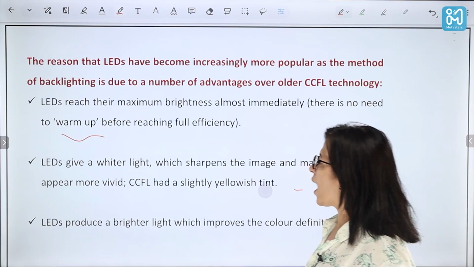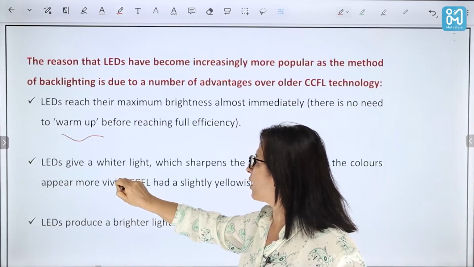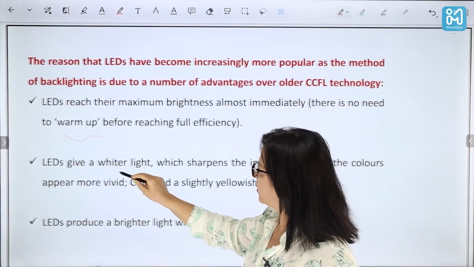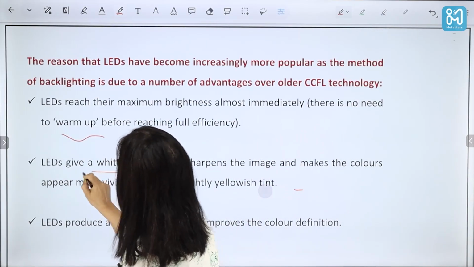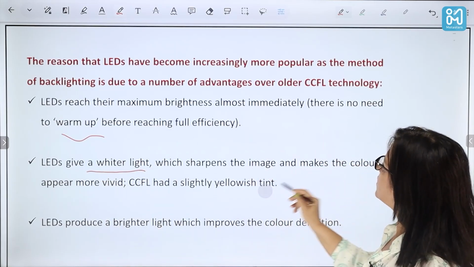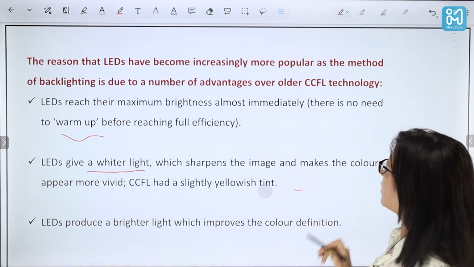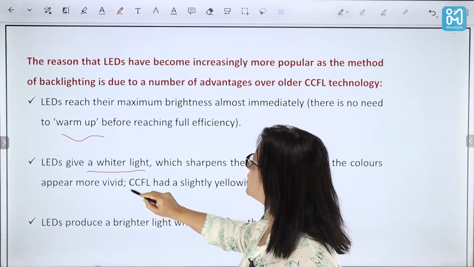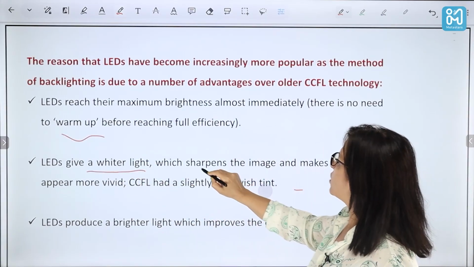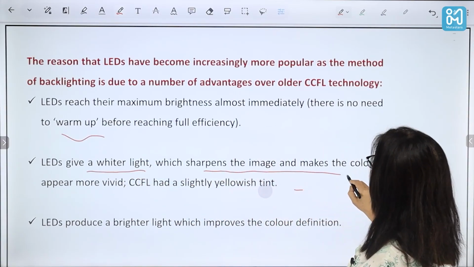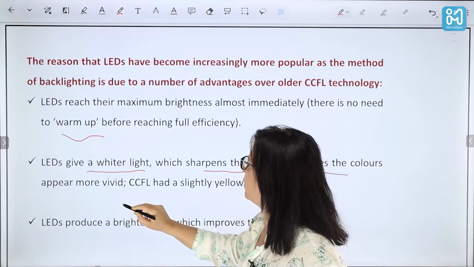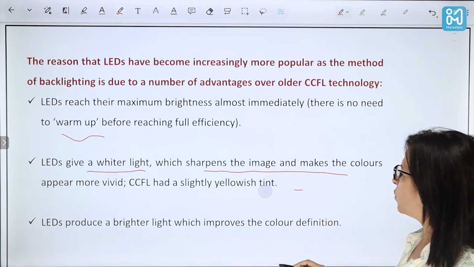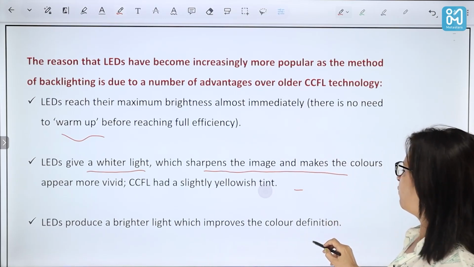LED gives a whiter light, which sharpens the image and makes the colors appear more vivid, more clear. LEDs produce a brighter light, which improves the color definition.